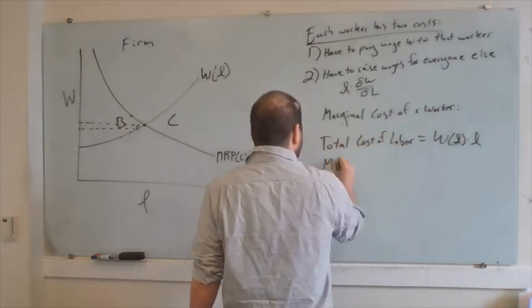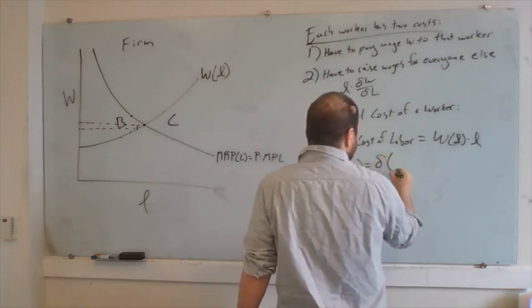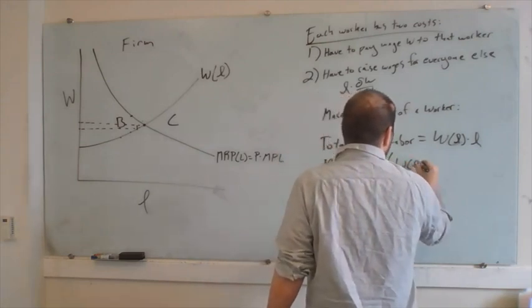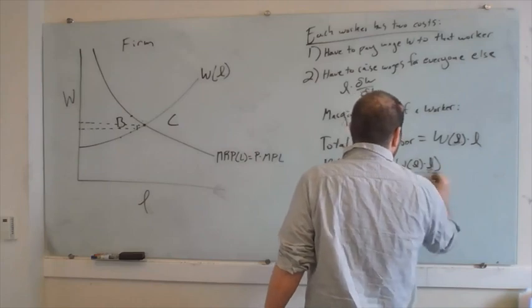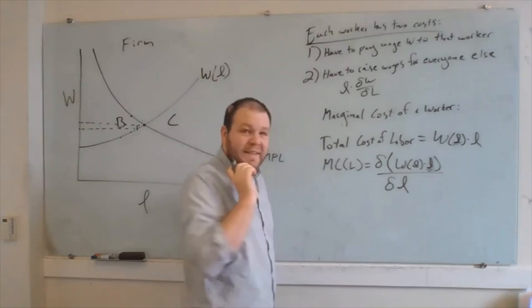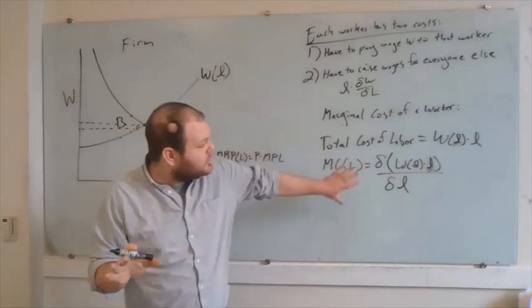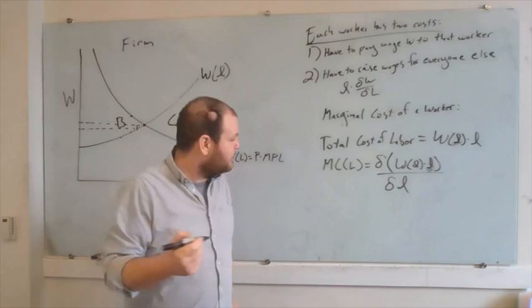So marginal cost of labor is going to be the change in that total cost with respect to a change in labor. This makes sense? We're asking how much does my total wage bill increase when I hire an additional worker?